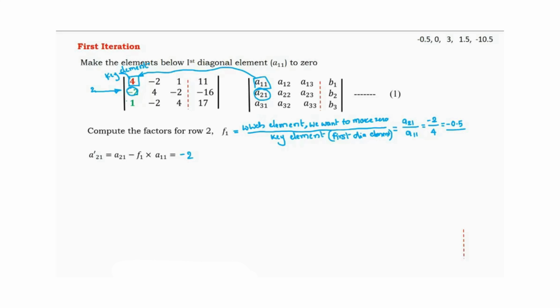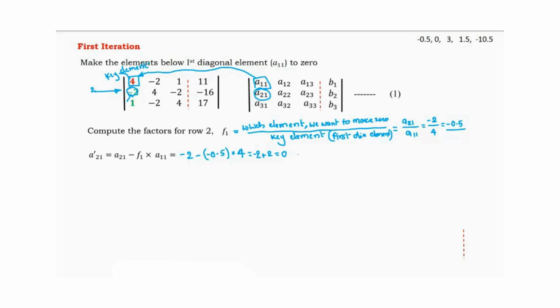So you can see here, this is the -2 minus factor -0.5 into A11, the corresponding element. A11 value is 4. Now you multiply: minus of minus becomes plus, 0.5 into 4 is 2. So this is equal to -2 plus 2. So you will get 0. This is expected, because we want to make this value 0.